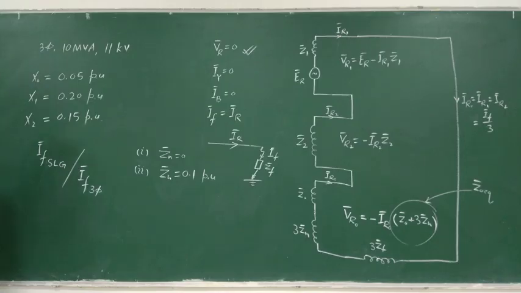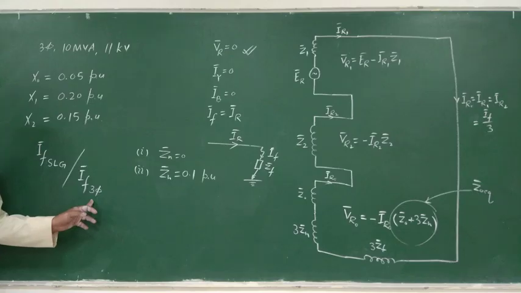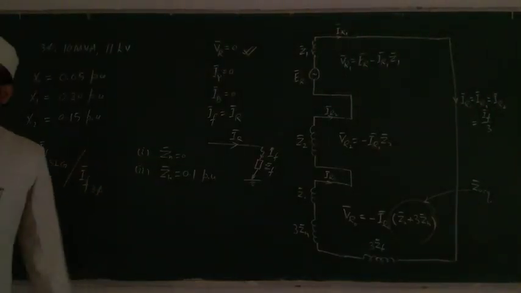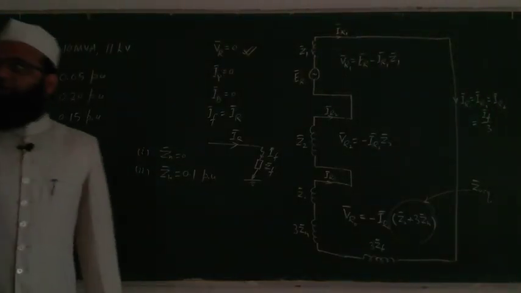We have covered this part also, right? For this, fault currents will be balanced, so we can perform our calculation on per phase basis. You know how to do that, right? Today we have covered single line to ground fault, so you know how to calculate the magnitude of this current also, right?